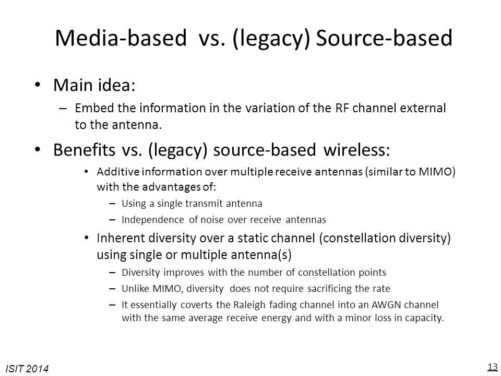Now, to go through the benefits, let's first assume that we have one single transmit antenna of the form that I mentioned, with RF mirrors embedding the information in the patterns of the antenna, and I use multiple receive antennas at the destination. The important point is that the receive antennas will receive an independent realization of the constellation point over each of the antennas.